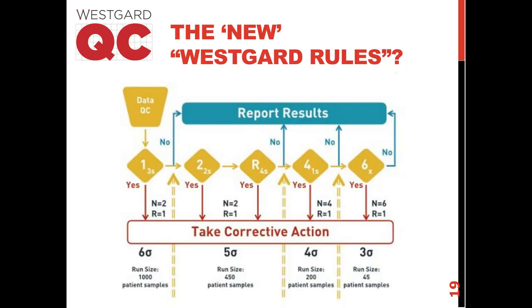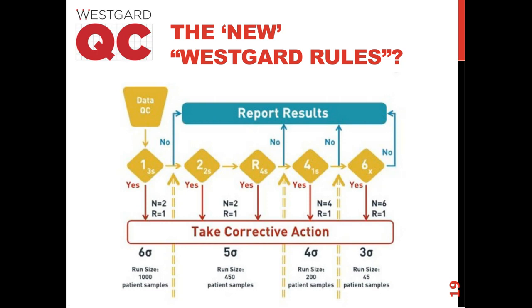So you may be familiar with the traditional Westgard rules, but these are the quote-unquote new Westgard rules. This is what we call the Westgard Sigma rules. That is, we take the power of Six Sigma and that benchmarking technique, and we merge it with the Westgard rules.